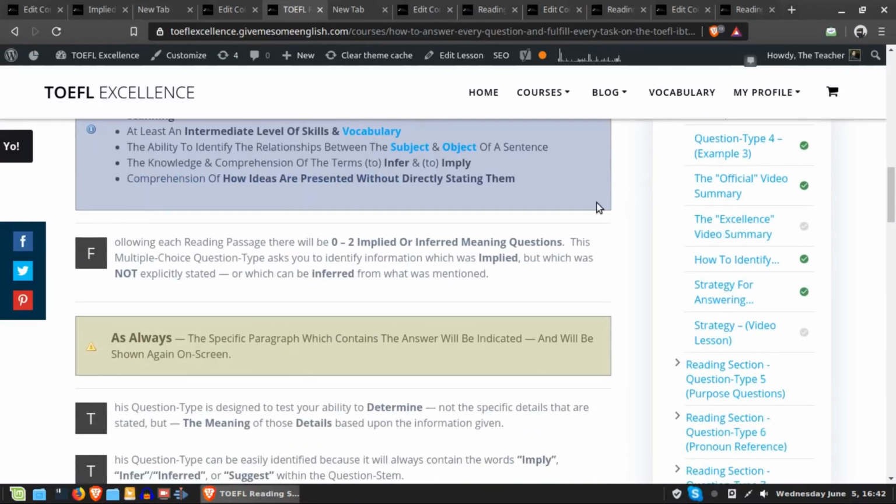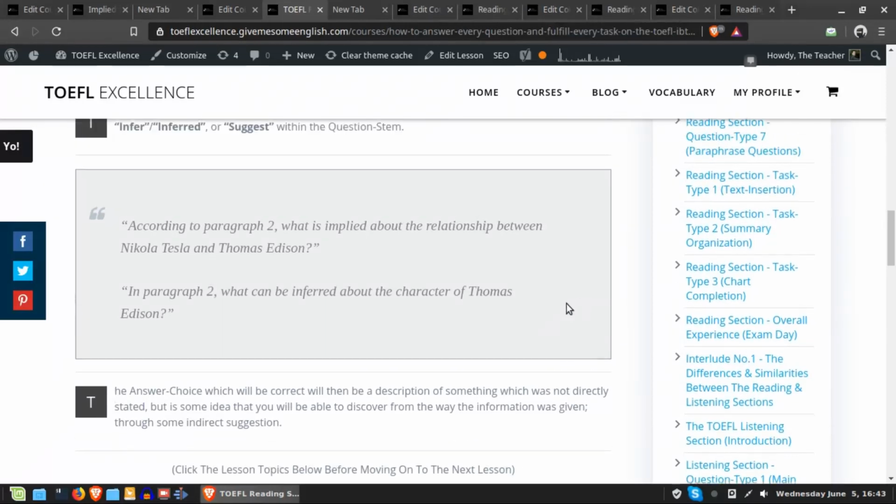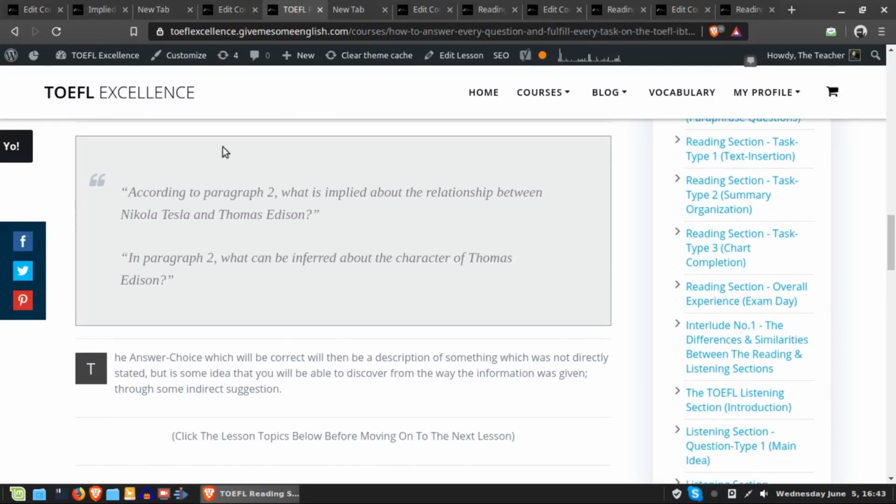So that's essentially it. You need to go through the reading passage and use the information that was given to come up with a conclusion about what was meant by that information. The way that you identify these question types, they always start with something to the effect of according to the paragraph or according to the reading passage, what was implied about or what can be inferred about.